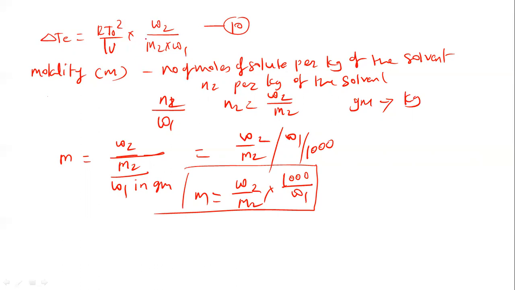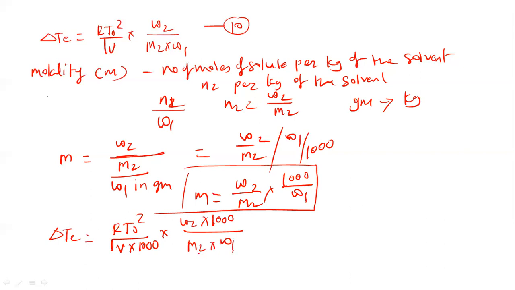Now, first of all, equation 10 can be modified, so you can see equation 10 can be written in this way. I would like to write the equation in this way: RT0 square divided by LV, so multiply the denominator by 1000. Similarly, the numerator by 1000, here W2 into 1000 divided by M2 into W1.